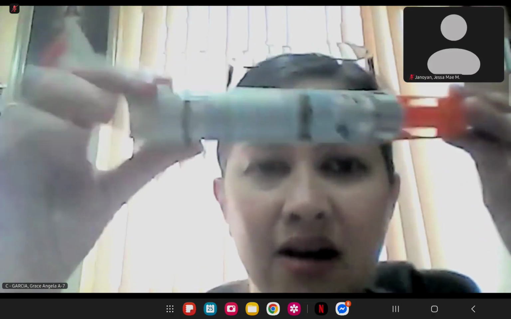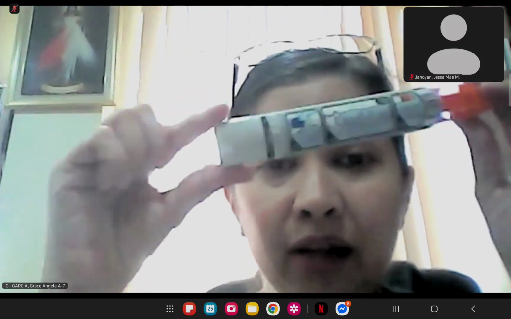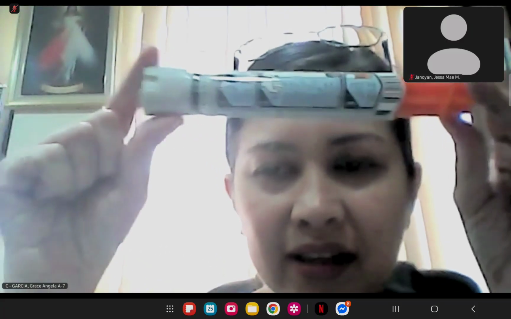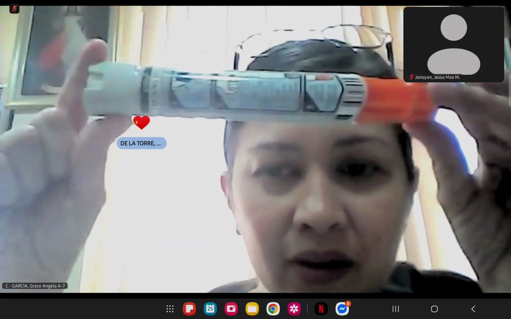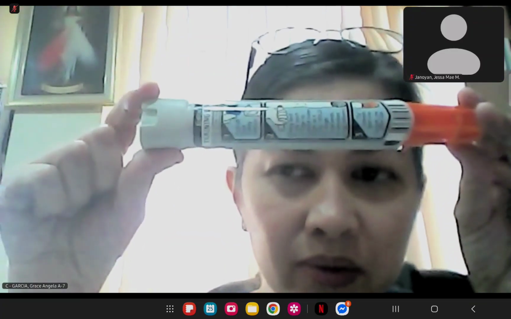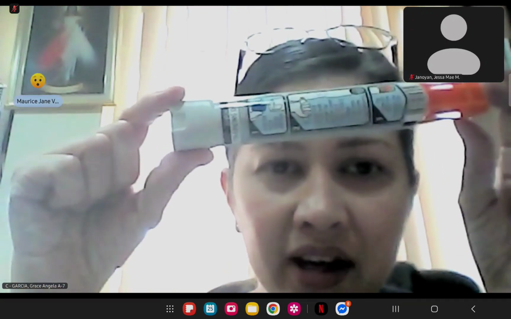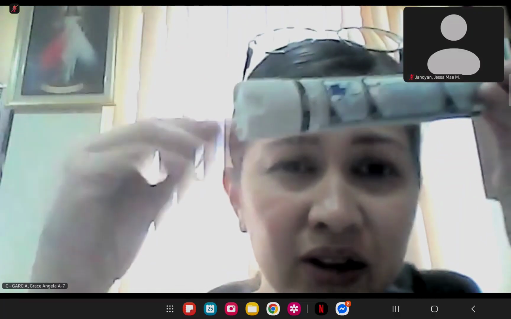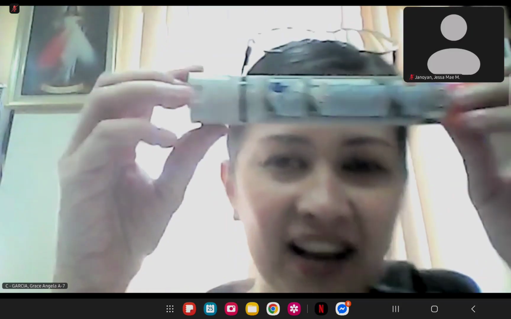This is a life-saving device, but it's not available here in the Philippines because it's expensive, and it has an expiry of around 2 years. The difference from the epinephrine vial is that this one you can administer within less than 5 seconds.